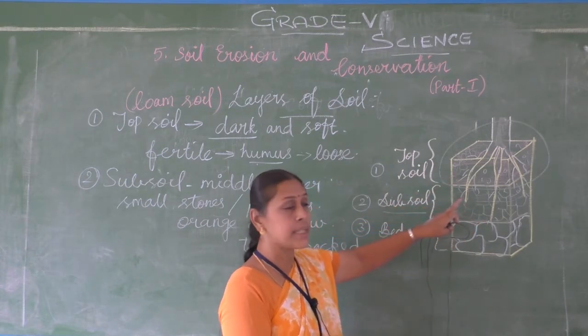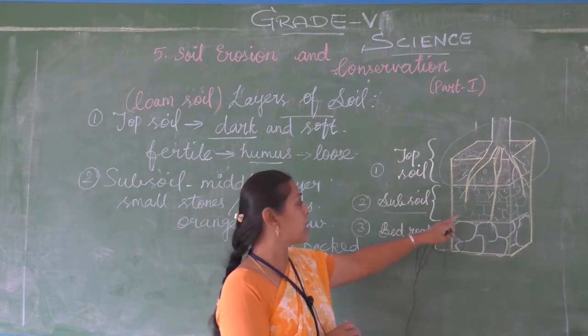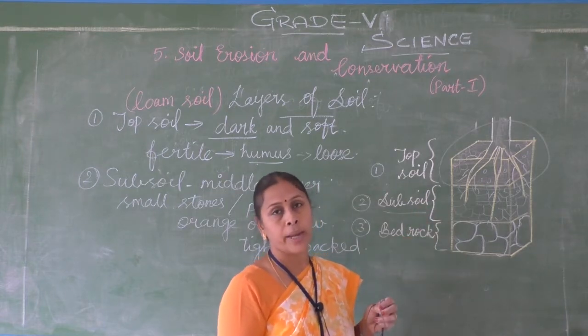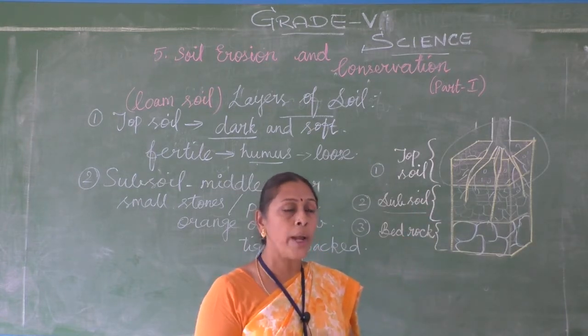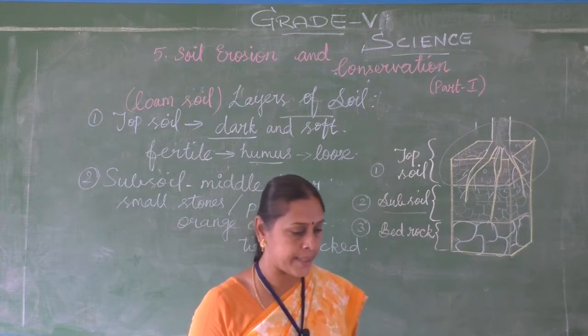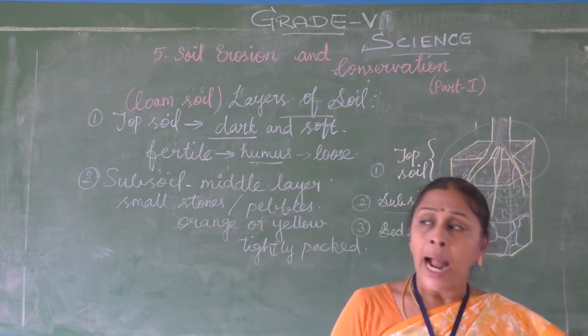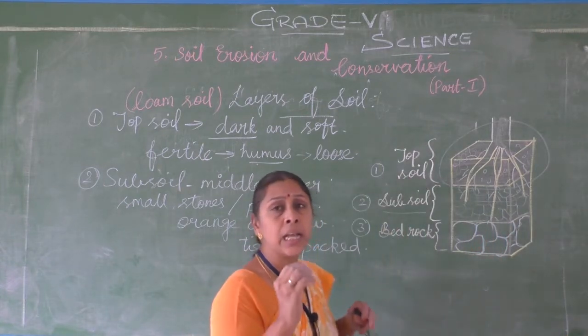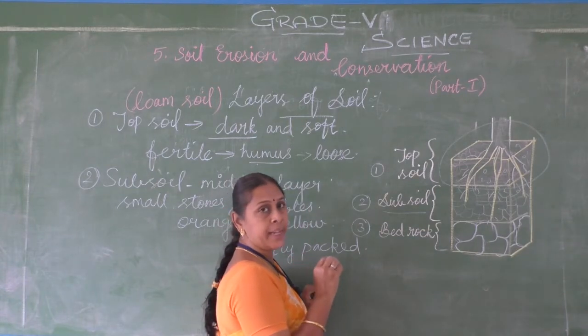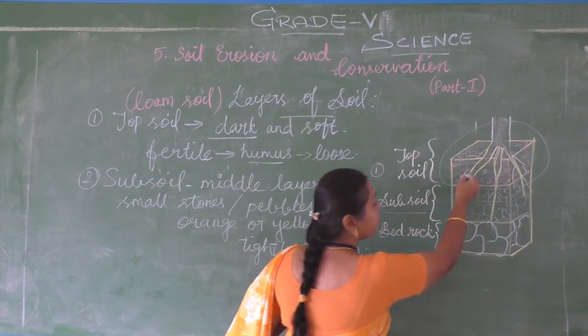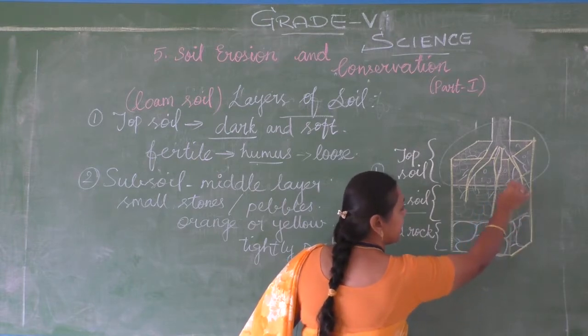So there are no living organisms present in the subsoil, and the soil particles are tightly packed. And as there is less gap in between the soil particles, rainwater will enter slowly.